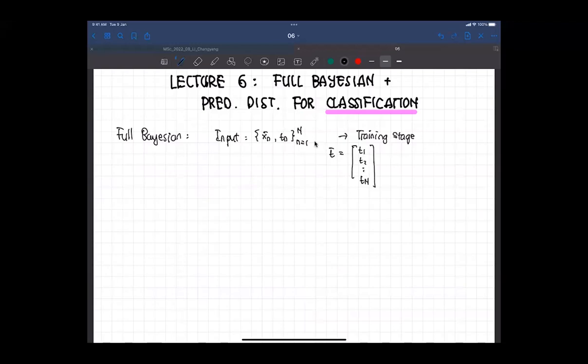If you put it in vector format, then that will be the T bar vector. And the output that we want to have in the training stage is what? What will be the output? W bar.